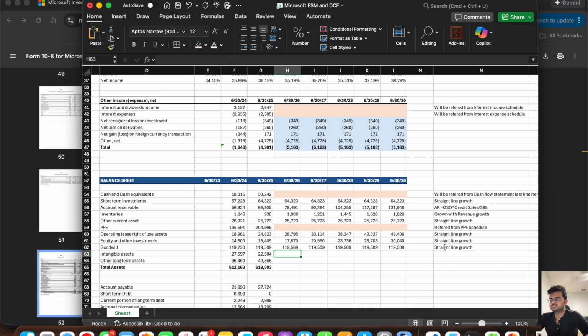Then next one is intangible assets. Intangible assets are something which the company has as an asset, but it is not physically valued, like some patents, copyrights, brand value or customer value.